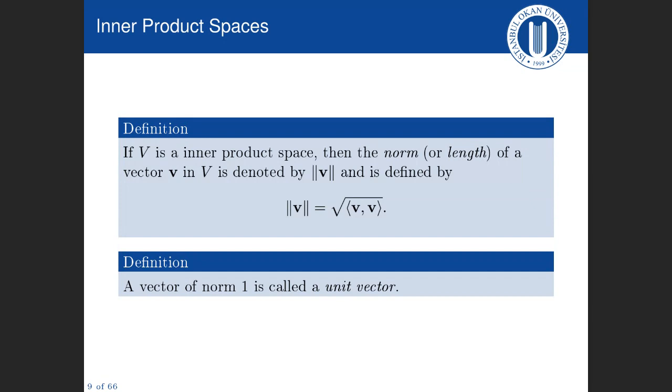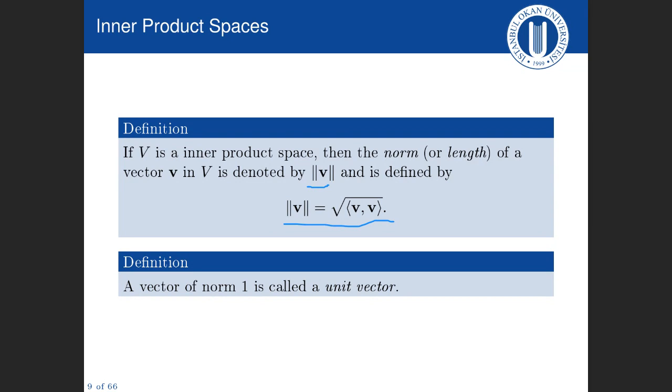If V is an inner product space, then we can define the norm of a vector, or the length of a vector, which we write as 2 vertical lines, v, 2 vertical lines, using this formula. Norm of v is defined to be the square root of the inner product of v comma v. Remember, inner product of v comma v is always non-negative. It's always greater than or equal to 0.